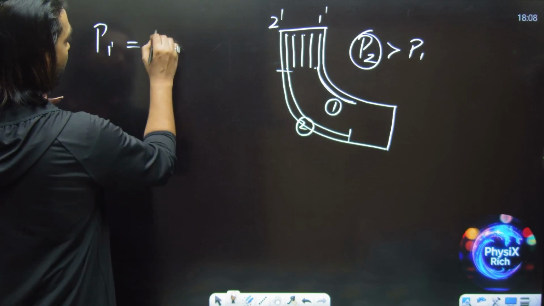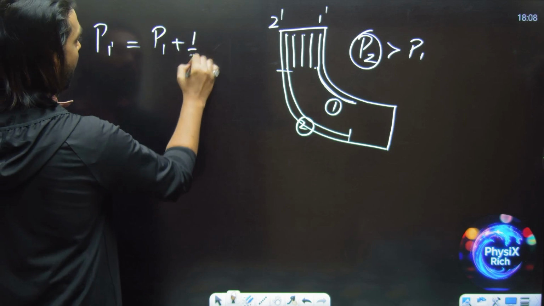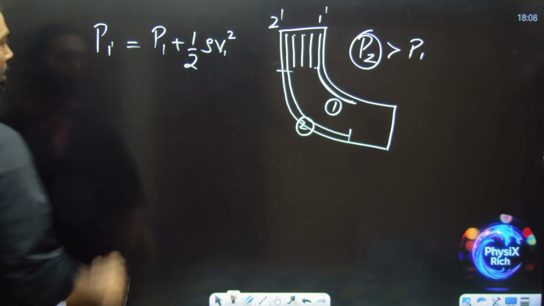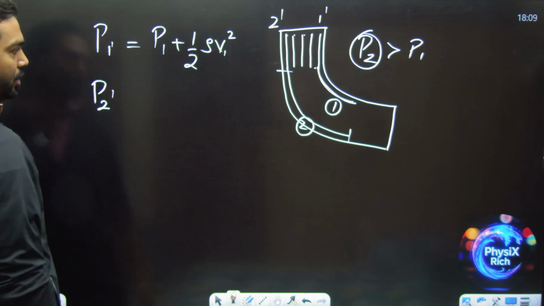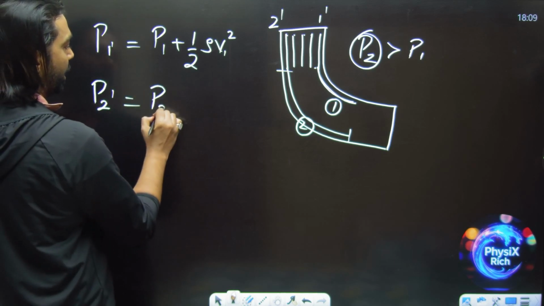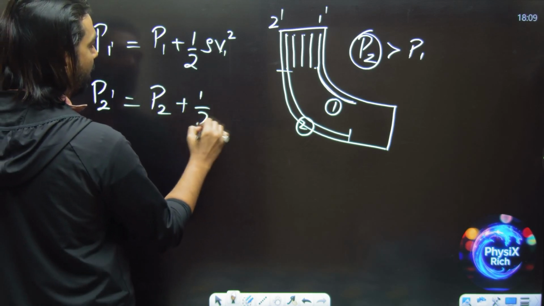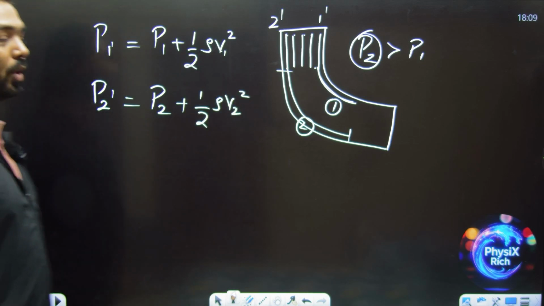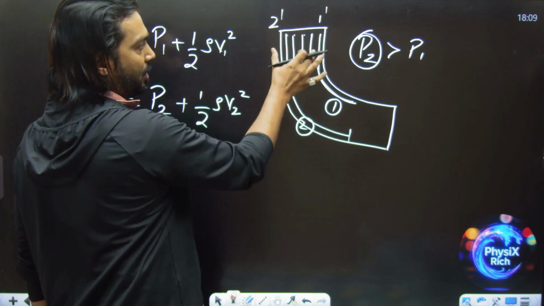So we can say that the pressure at 1 dash should be equal to the pressure at 1 plus half rho V1 square. What about the pressure at 2 dash? That should be equal to pressure at 2 plus half rho V2 square. But it so happens that they are both entering at the same point.